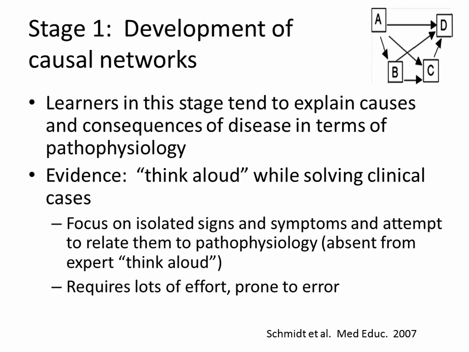And these studies have found that learners in this stage tend to focus on isolated signs and symptoms and attempt to relate them to pathophysiology, and that those characteristics are really absent once you get to more expert level think alouds. Not surprisingly, this requires a lot of effort.